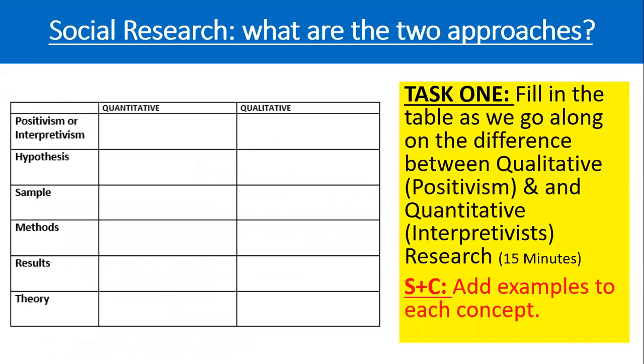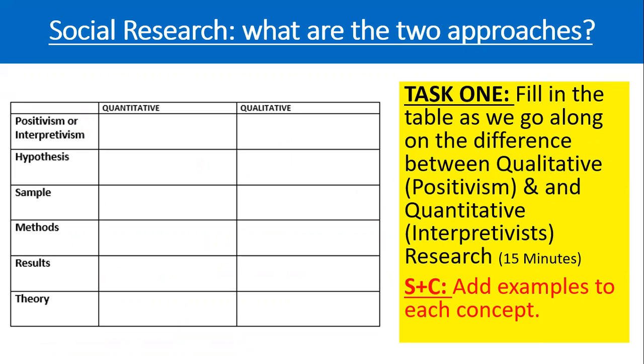So just for task one, what you're going to do, you've got this table here. You're going to draw this out and get ready, because we're going to go through each one of these. We're going to see whether it's positivist or interpretivist, which is essentially, I'm going to be very la-di-da now, what sort of epistemology it takes.